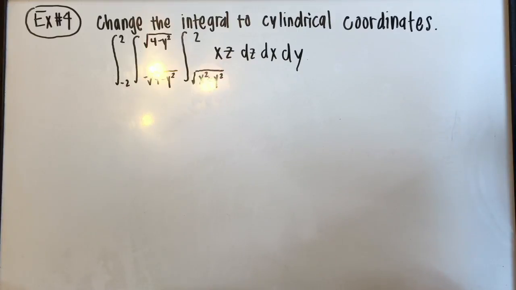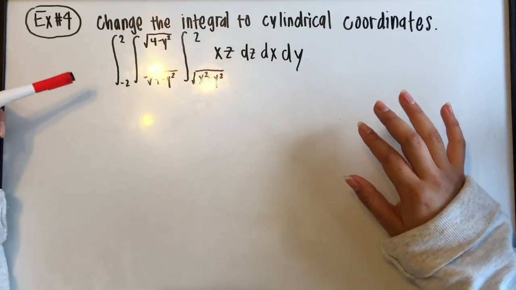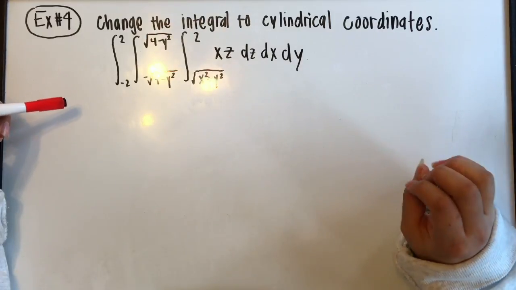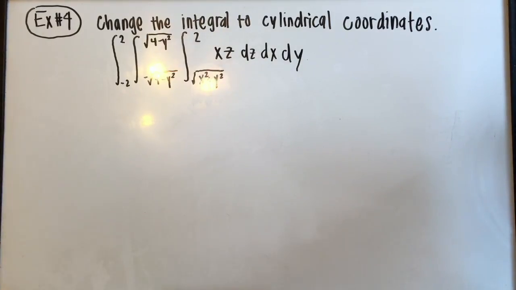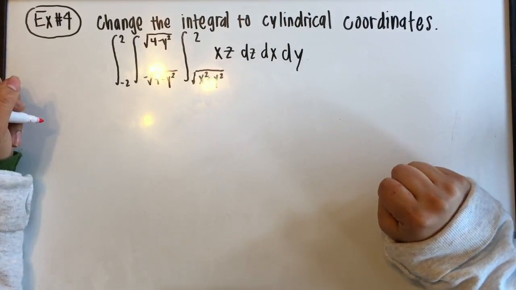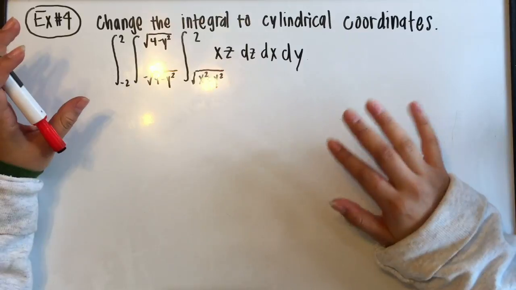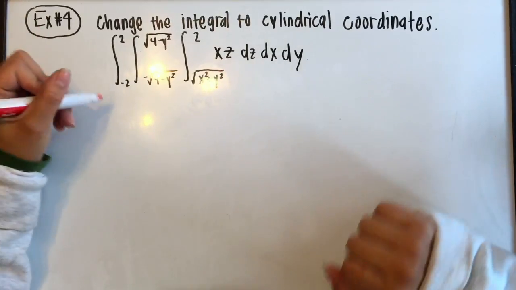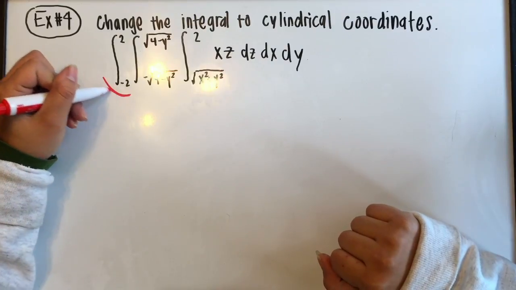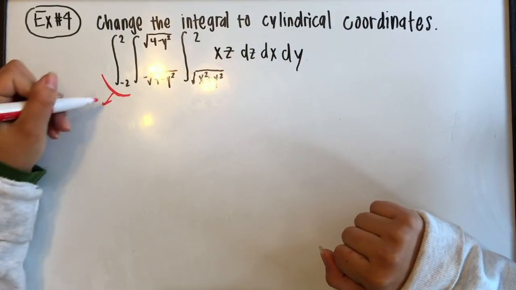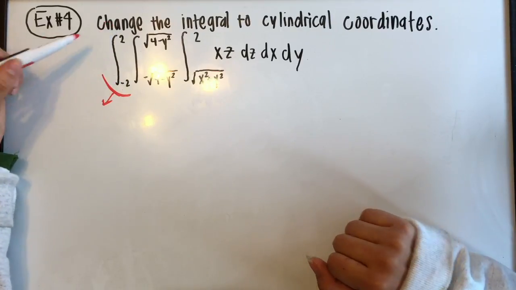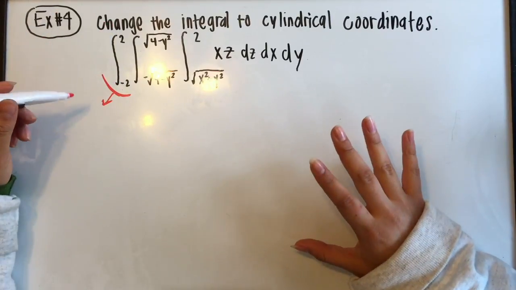As I said, we went over the whole coordinates thing. The key here is to do each separately and convert them separately to cylindrical coordinates. So if we start from here, if we do this one first, -2 to 2, meaning that it revolves a whole circle.